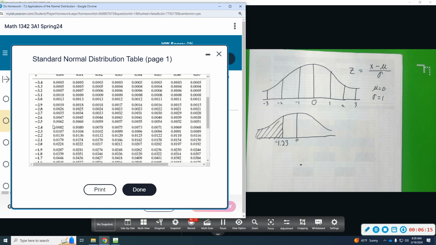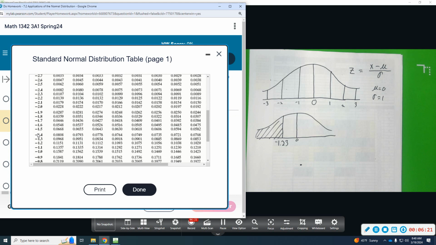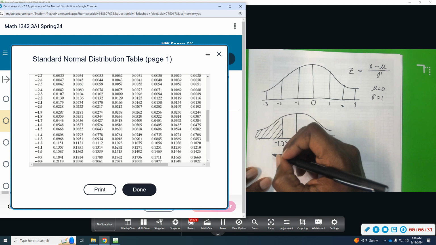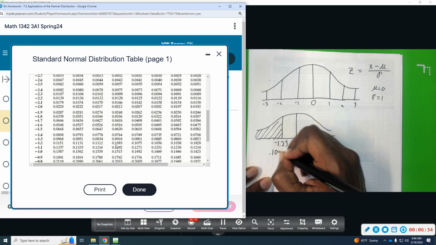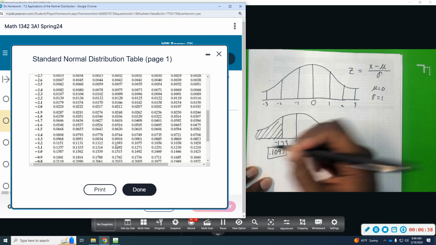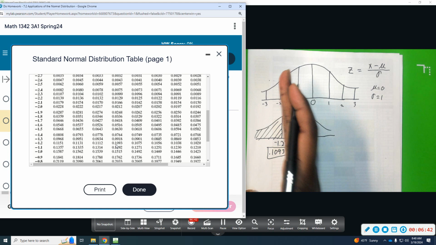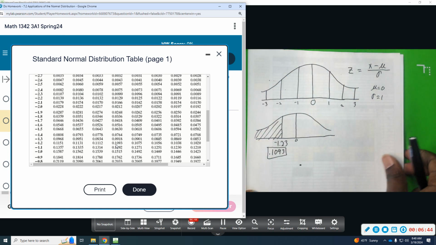So I'm scrolling down and notice it goes 0, 1, 2, 3, and it counts all the way up till we get to 9. So I'm going down to negative 1.2. This would be 0, 1, 2, 3. So this would be about 10% or 0.1093. So this area would be 0.1093. The areas are always going to be positive. So I can do this area to the left of a positive and to the left.